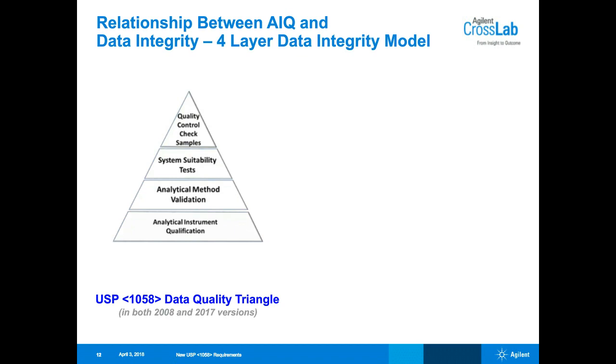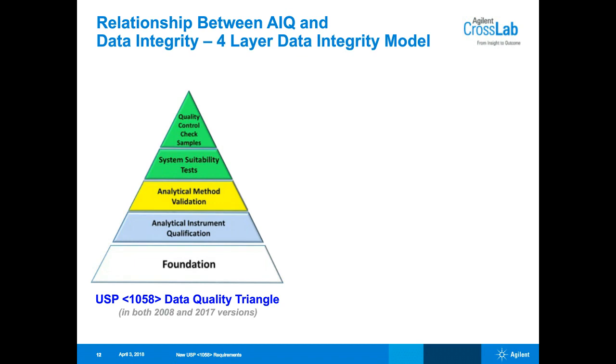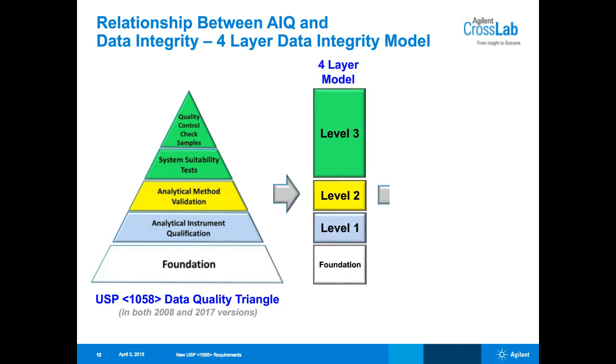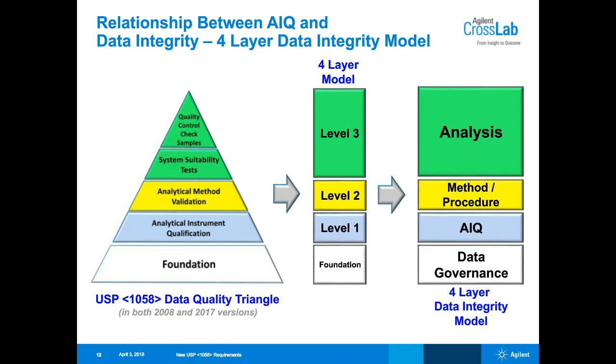And what's interesting is if you add a foundation layer and you color code the other layers, it looks like this. And it's very easy to see from this where the four-layer data integrity model comes from, where the green level 3 is the analysis, level 2 is the validation of the analytical method or procedure, the gray level, level 1, is AIQ, and the data governance is the foundation.